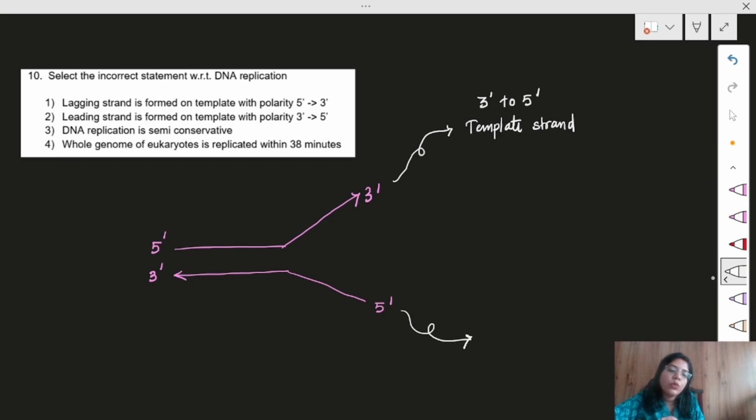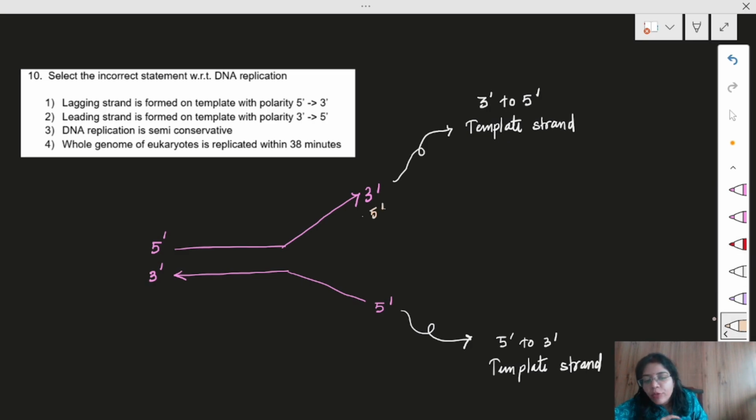Okay, this one is also a template strand. Please tell me the polarity of this strand. From the opened side, from the replication fork side, you will write 5 prime to 3 prime. Okay, on this strand, when you have to make DNA, can you easily make the DNA from this end to this end, 5 prime to 3 prime strand, without any problem, without any lag or hurdle or discontinuity?